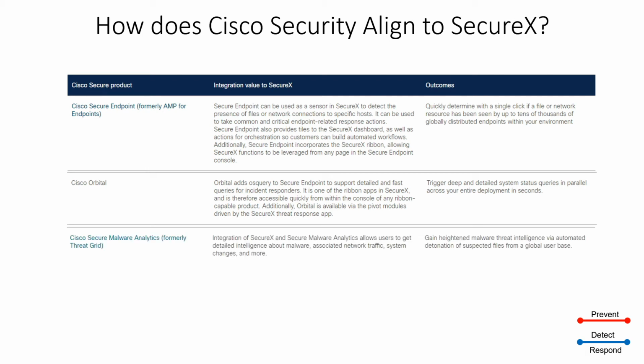Cisco Secure Malware Analytics, so formerly ThreatGrid. So this is going to allow us to get detailed information about the malware, associated network traffic. We've got registry file entries. We've got DNS data. We've got the behavioral indicators that are triggered. Again, this allows us to look at that global base of intelligence around files that we've detonated in a sandboxed environment.